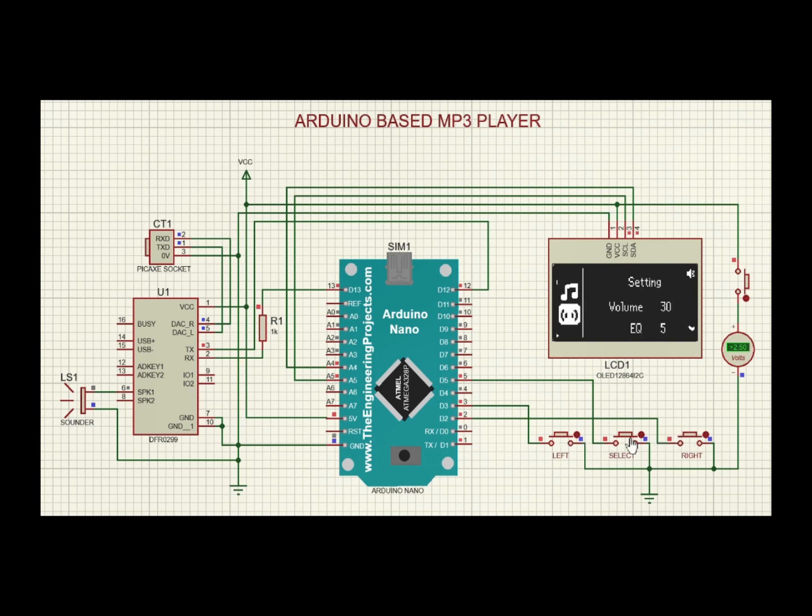In this menu you can change the volume as well as the equalizer. Here you can see that I can decrease the volume, and the maximum volume that it supports is up to 30. From 0 to 30 levels of volume it can support.